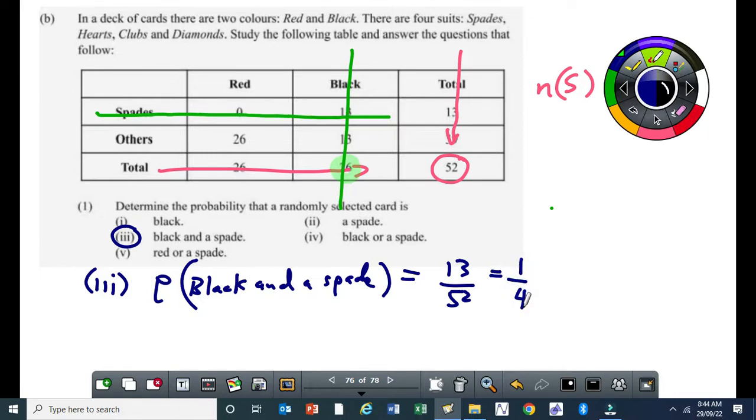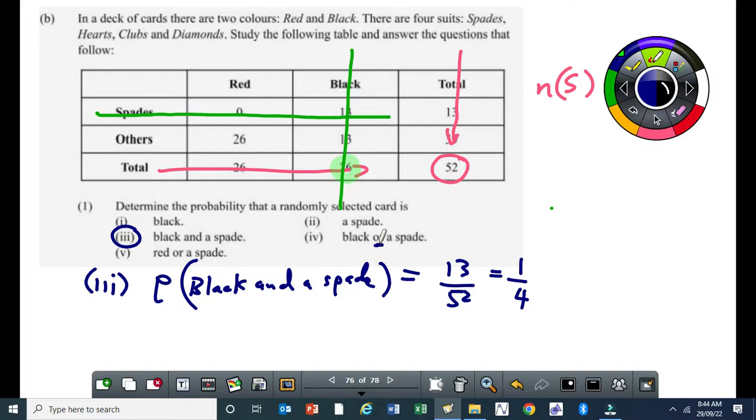Then black or a spade. Now, my suggestion for this one is you can use the addition rule if you want. But you can also find it directly from the contingency table. Remember what I said about the word or, it means what? Add. So what this means is you need to know how many cards are black.